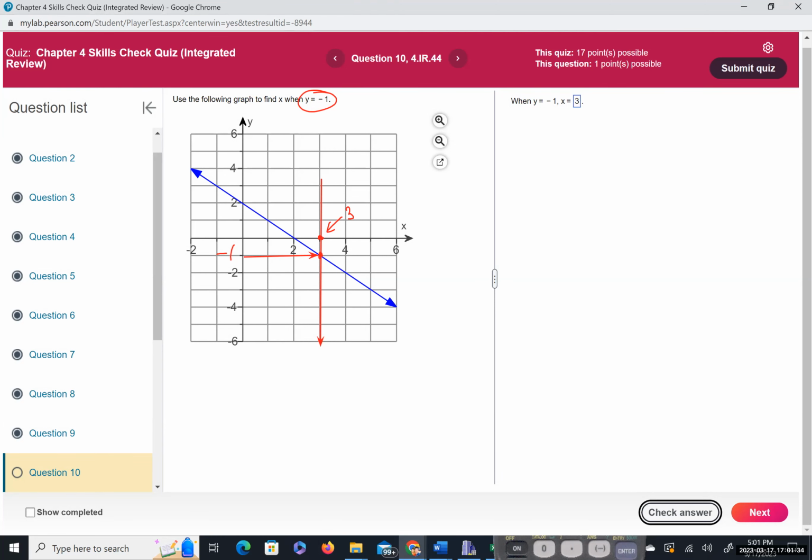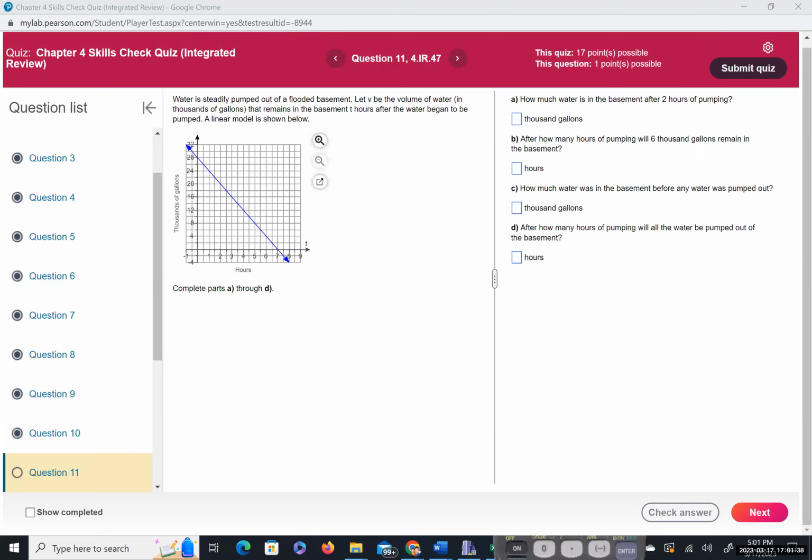So we're gonna move to the next one. Water is steadily pumped out of a flooded basement. Let V be the volume.